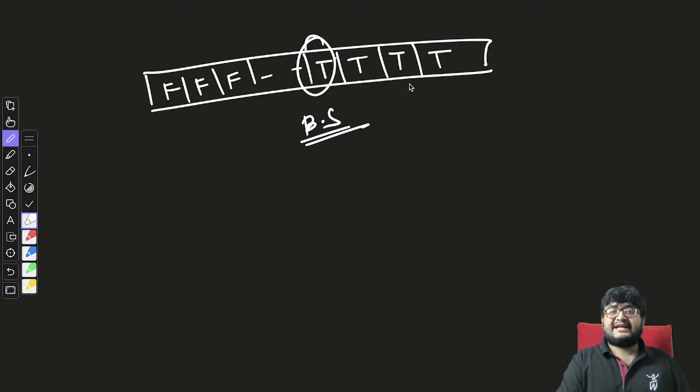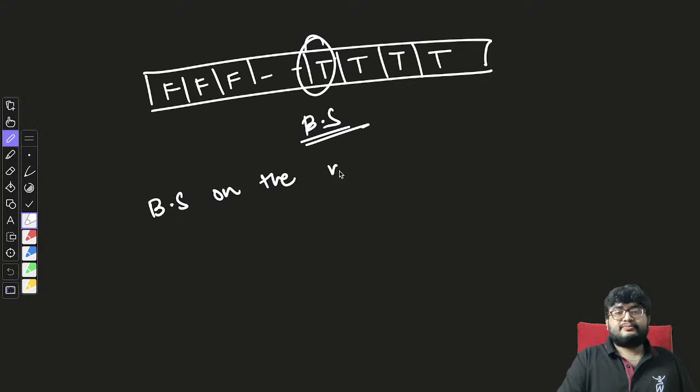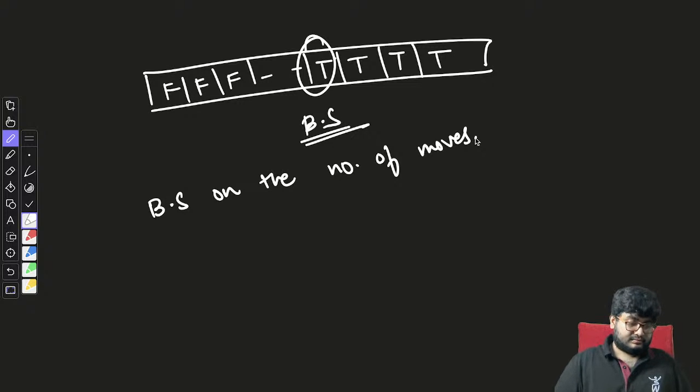Instead of false and true, just think about them as 0 and 1. It is a monotonic array. So we can always do binary search and find this first occurrence of true. So we can binary search on the number of moves.